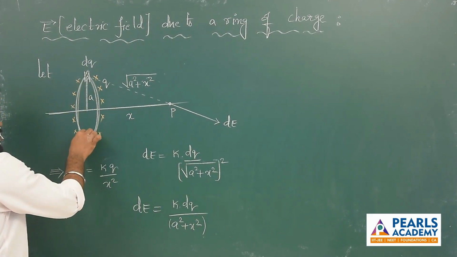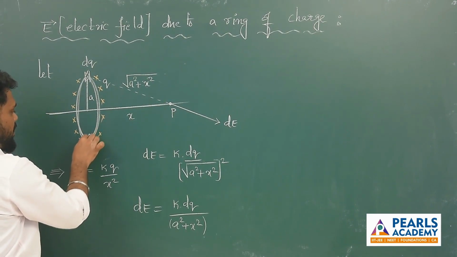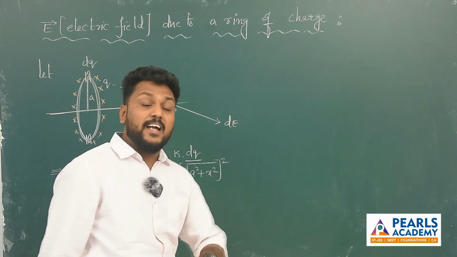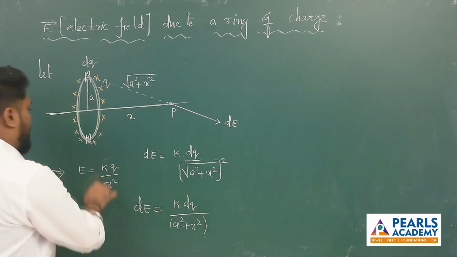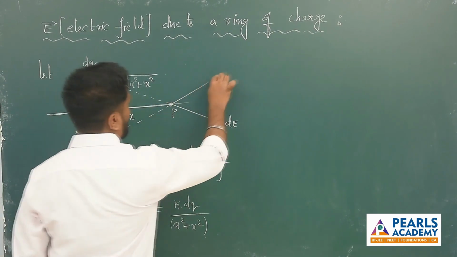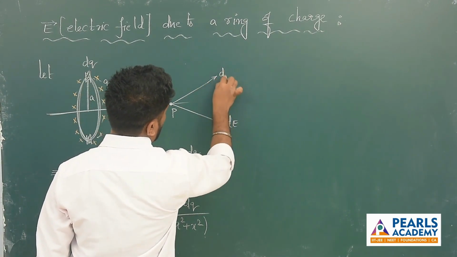If I consider one more dq at exactly the opposite point of the ring, diametrically opposite, then that electric field will be in this direction with the same magnitude.